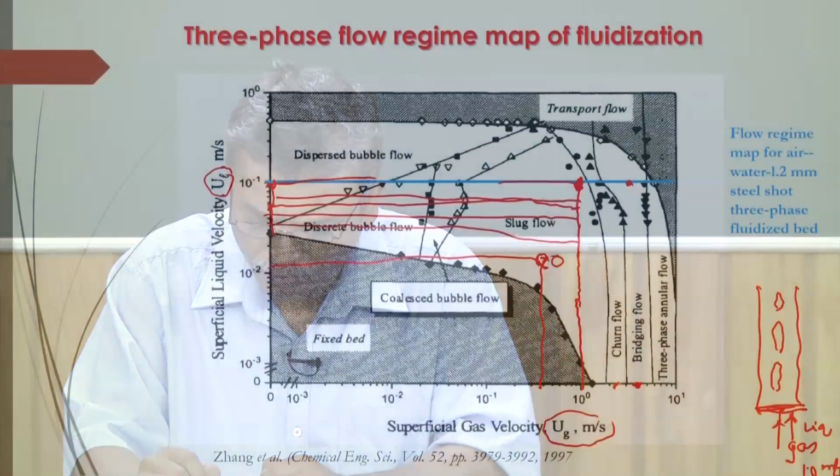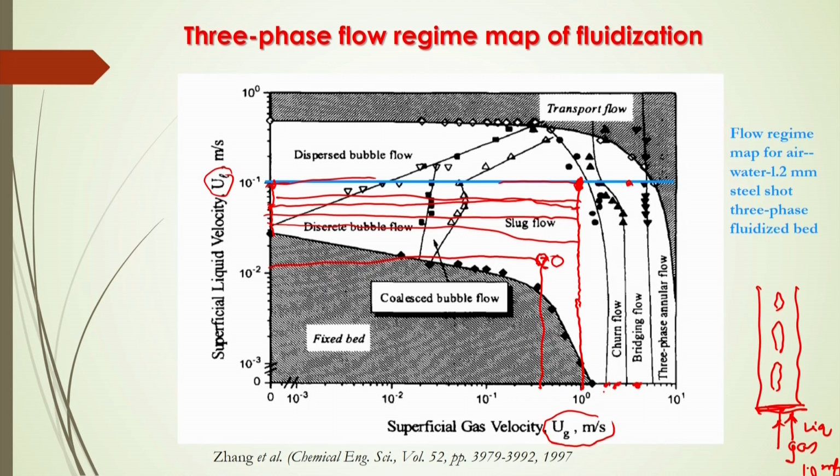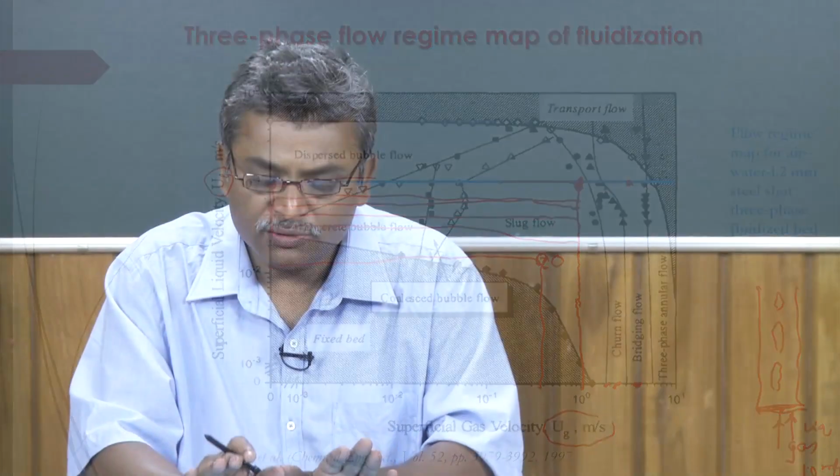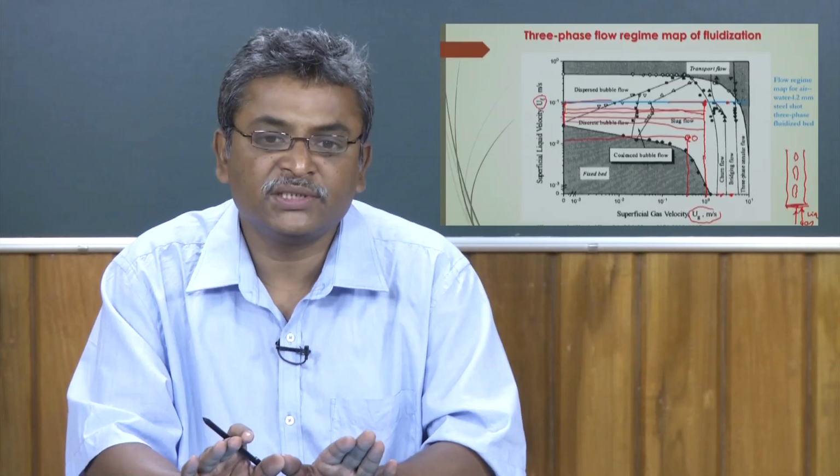So, you have to maintain this gas velocity as 2 meter per second by changing the liquid velocity like this here from 0 up to this here also. So, if you are changing different combinations of the liquid and gas velocity, you can get the different flow regimes. So, this is the map by which you can obtain what flow regime you can expect from your bed.